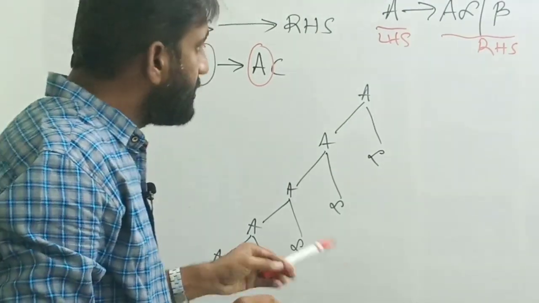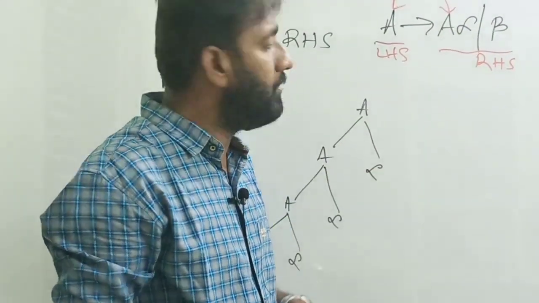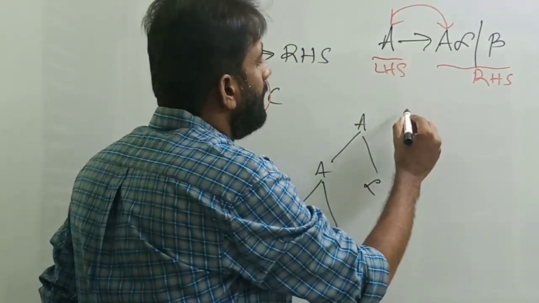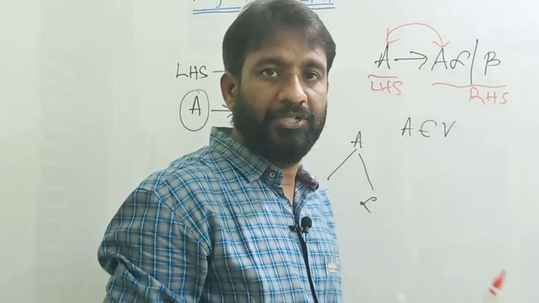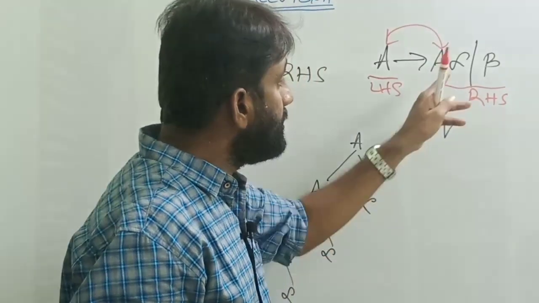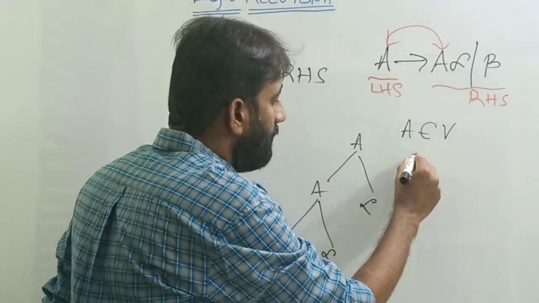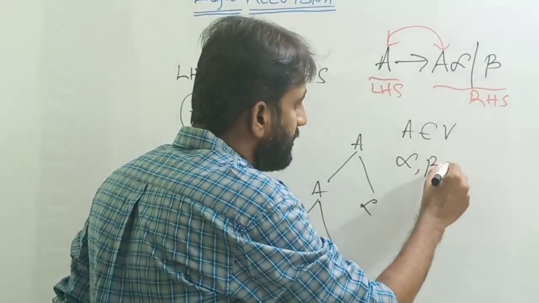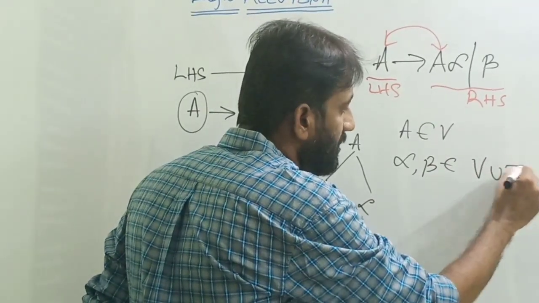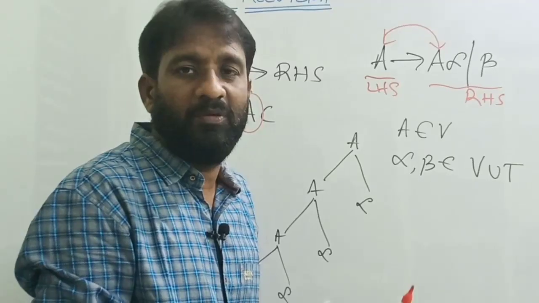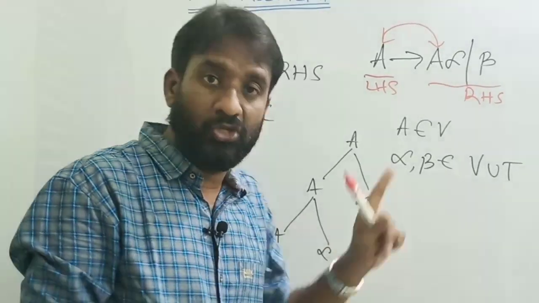Okay. Now let me tell you what A and beta and all are. As you know, A belongs to variables. You know what variables and non-terminals are in the context-free grammar. Then what is alpha and beta? Alpha, beta can be anything. That can be a variable or terminal or a collection of variables or terminals, but not epsilon.